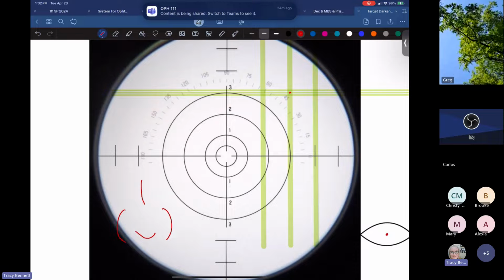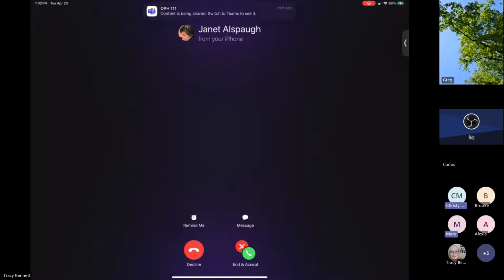So what do you get for base direction? Base out. Mm-hmm. What about is it base up or base down? Up. Base up. All right. And then determine how far out is it? 3.